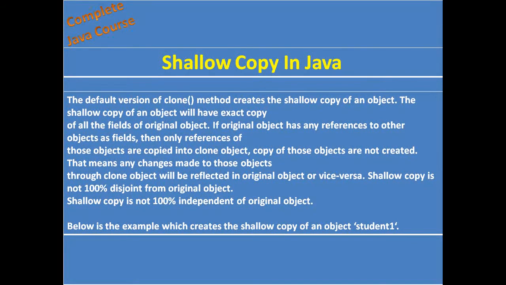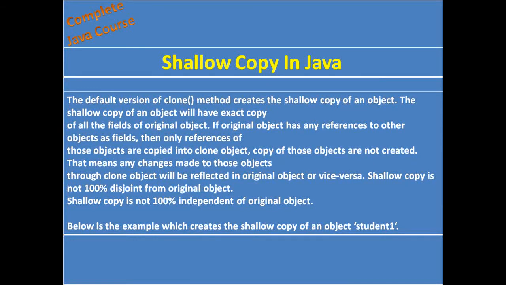The shallow copy of an object will have an exact copy of all the fields of the original object. If the original object has any reference to other objects as fields, then only the references of those objects are copied into the clone object.